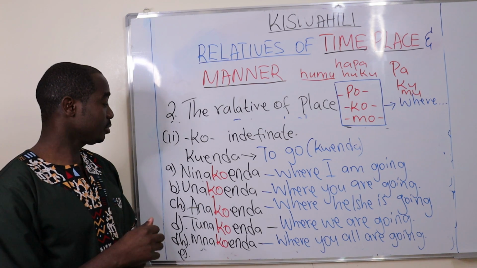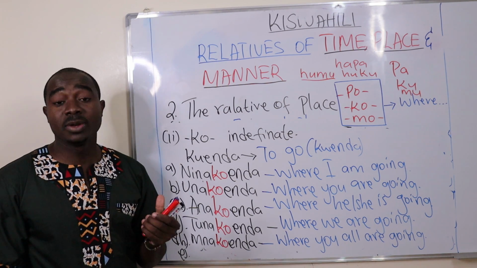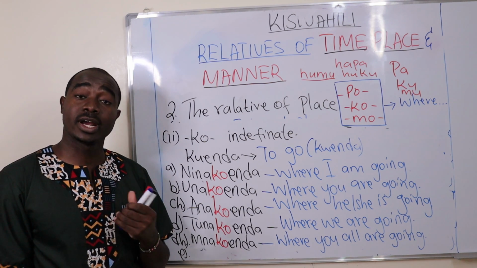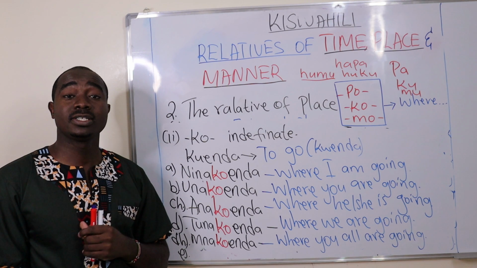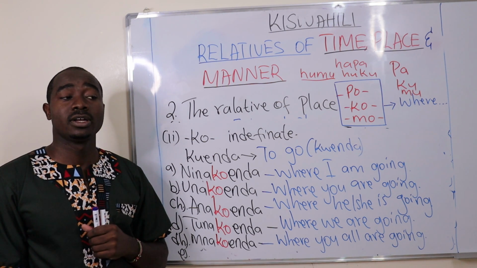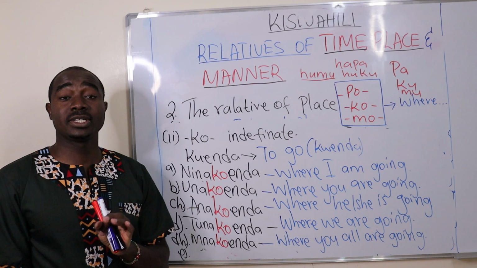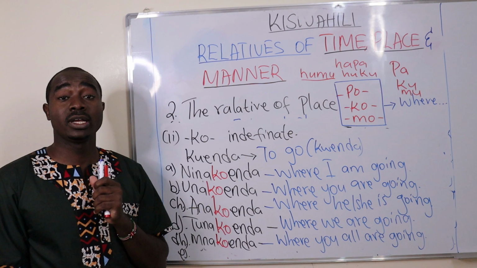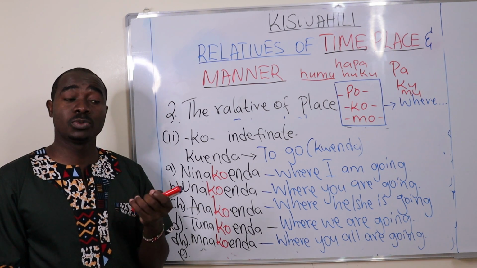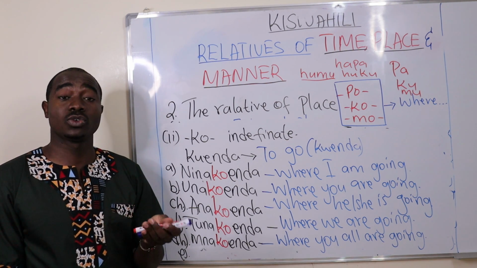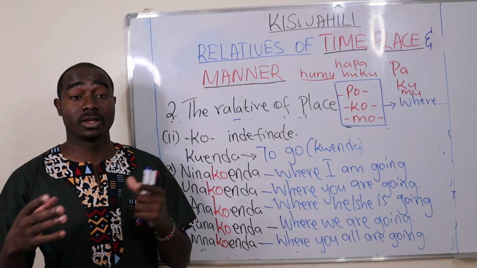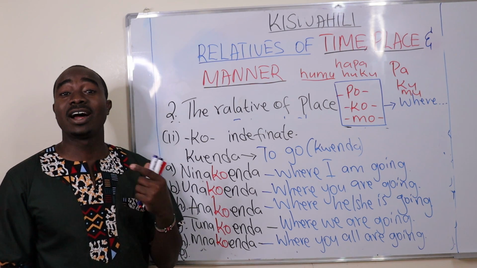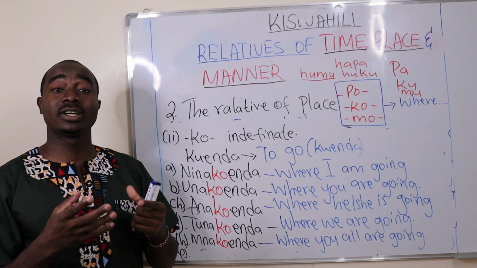However, in most work of Swahili writers, speakers, not poets. Poets are allowed to play around with the language. When you're learning Swahili, I don't advise you to use poems, because poets are allowed to break the grammar rules.